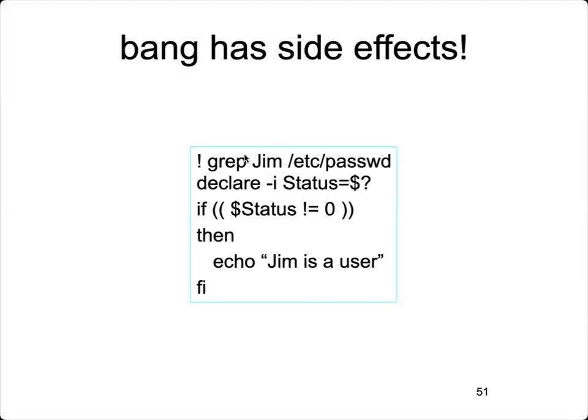And it's going to reverse the sense of this. So instead of 0, you have to reverse this too. So I would not recommend this. This looks like a great way to get into trouble with your logic, but it is handy to know that the bang will turn off error exit on an individual command. But if I ever did that intentionally, then there would be a comment up here that would say what I was doing with that.